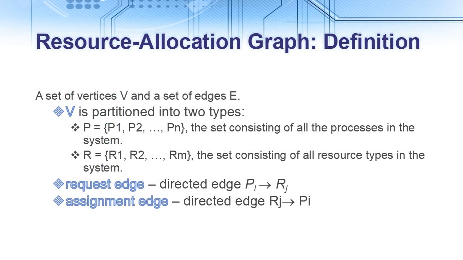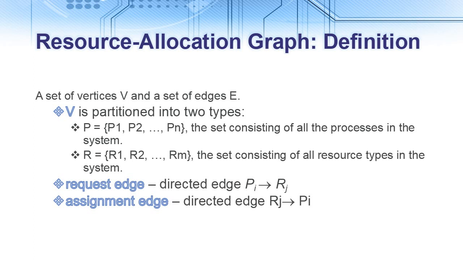Resource allocation graph: a set of vertices V and a set of edges E. The vertices V are partitioned into two types. P is the set consisting of all processes in the system. R is the set consisting of all resource types in the system.